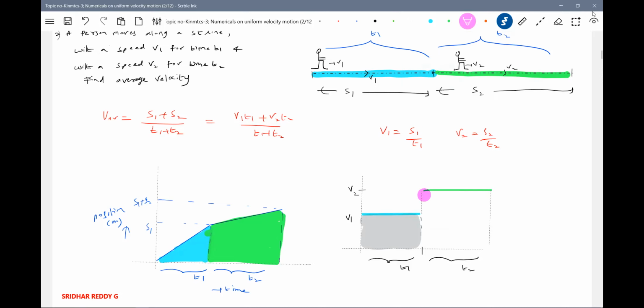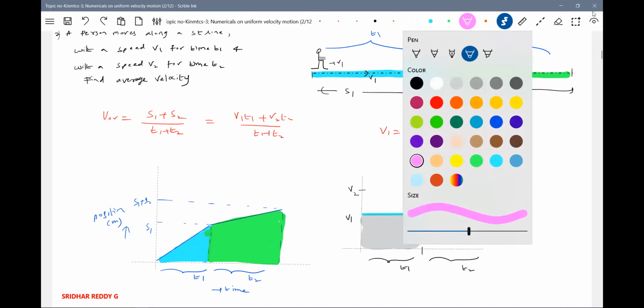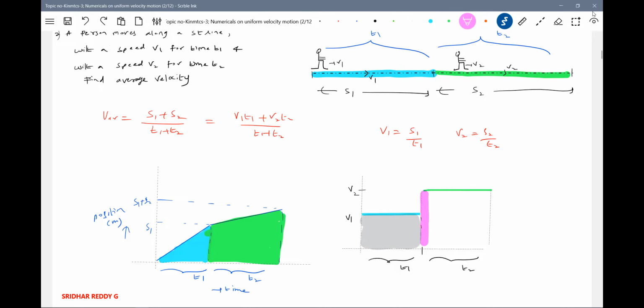Let's take this in some other color. The area under this curve will give the distance. This is the area of that gray color.